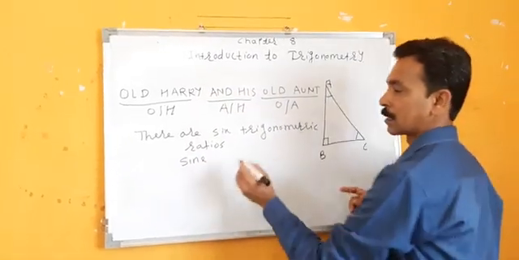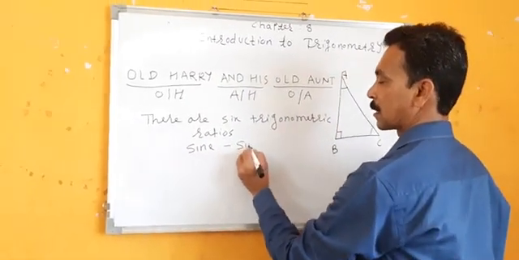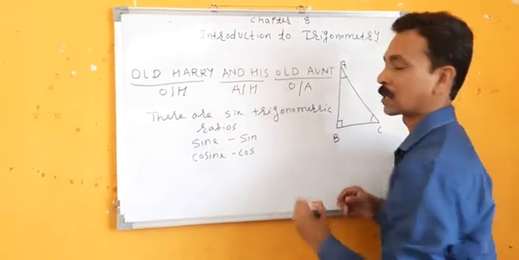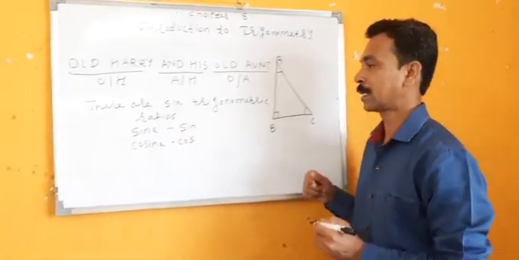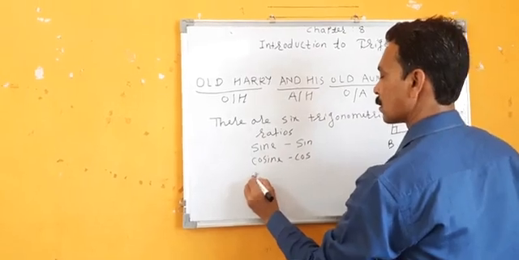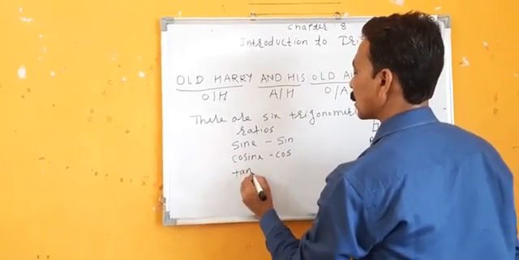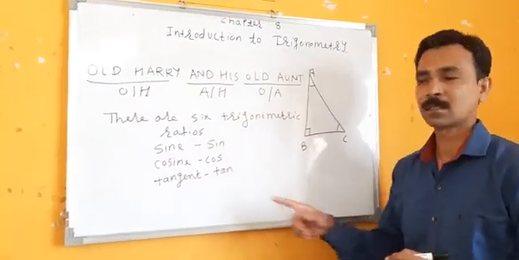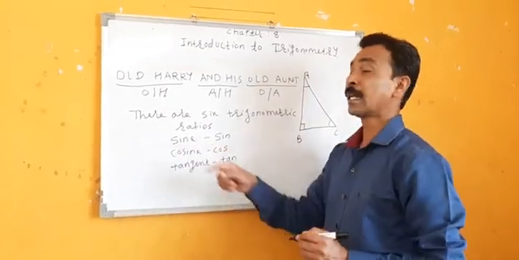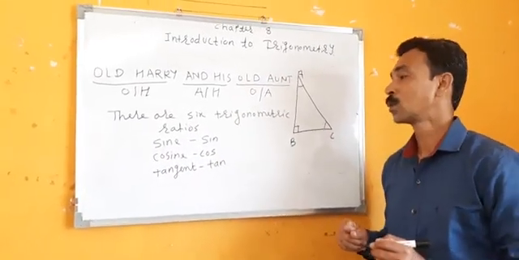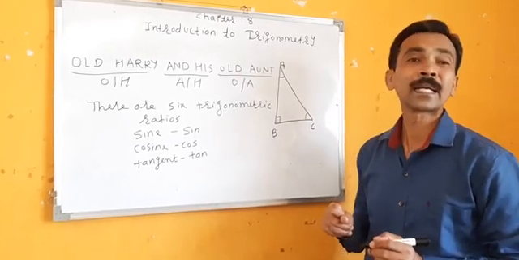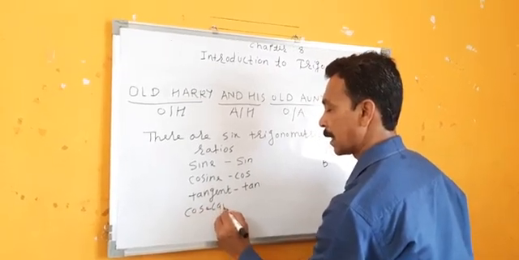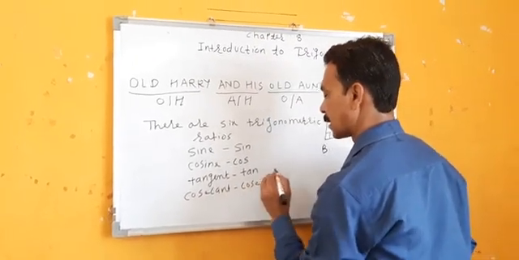Sine, short form is sin. Then next is cosine, cosine means cos. Then tangent means tan. These are the short forms. Then the reciprocal of sine is cosecant, C-O-S-E-C-A-N-T, cosecant means cosec.